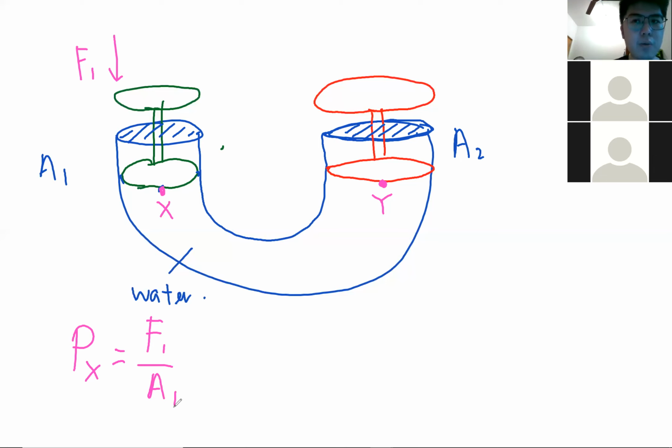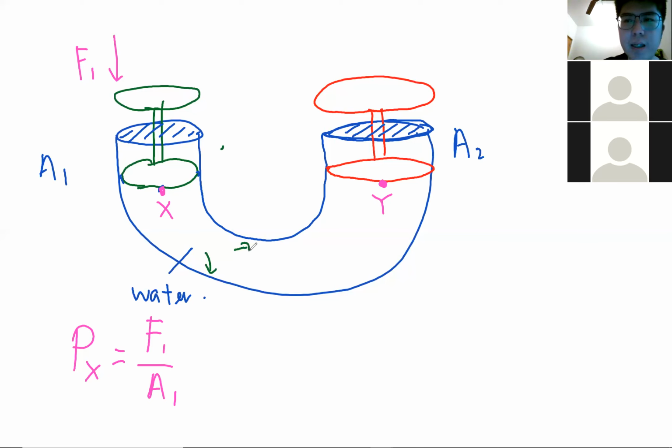So we cannot change the volume, we cannot change the density. Because liquid is incompressible, it gives us a very good benefit in this Pascal principle: when we apply force on this end, all the pressure will be transmitted efficiently.